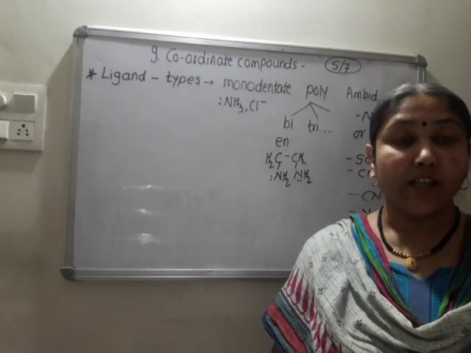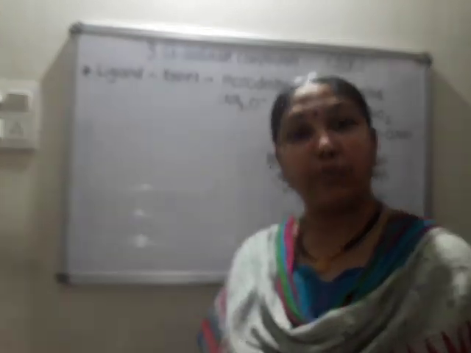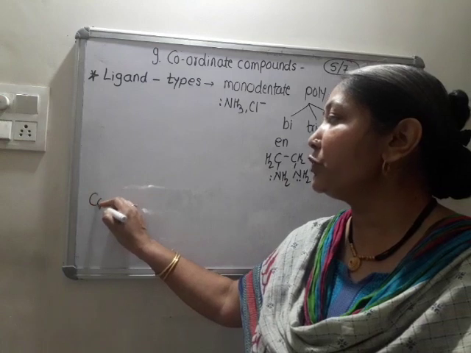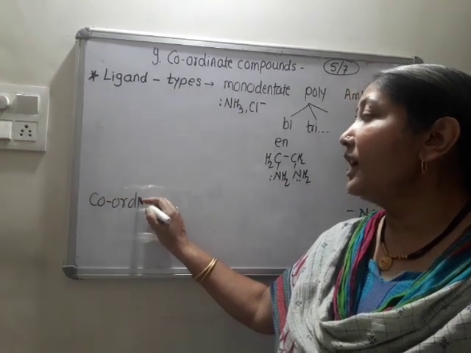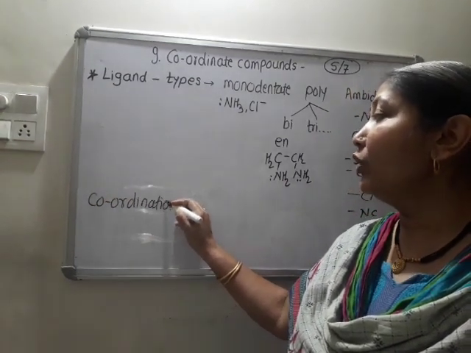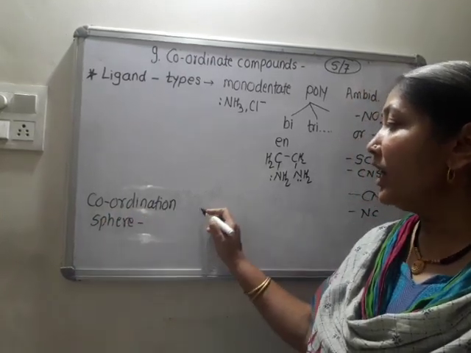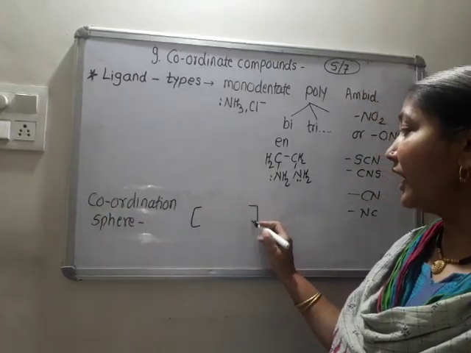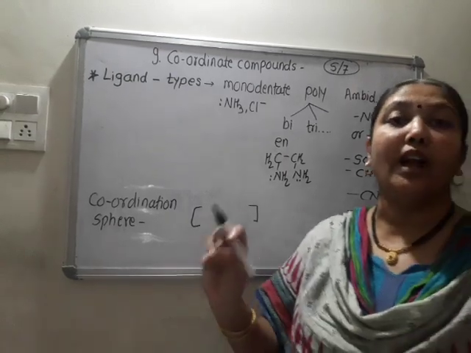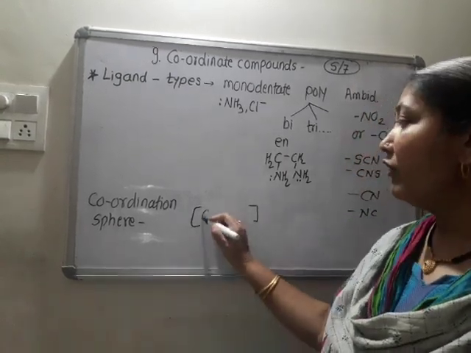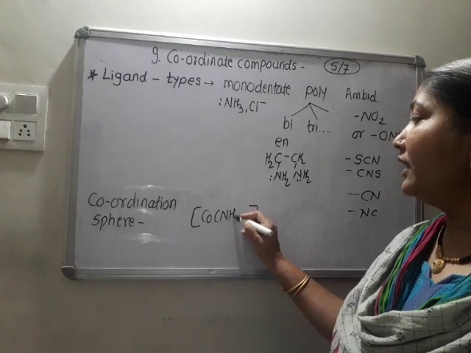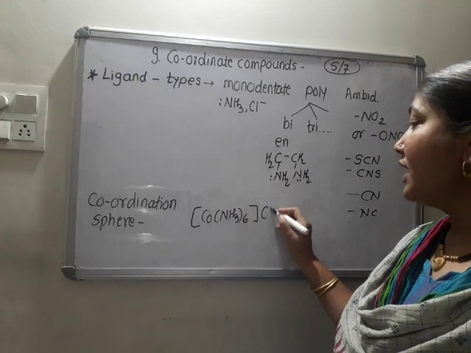Next point is: what is meant by coordination sphere? Coordination sphere is the entity enclosed in a square bracket. That is called the coordination sphere. For example, [Co(NH3)6]Cl3.